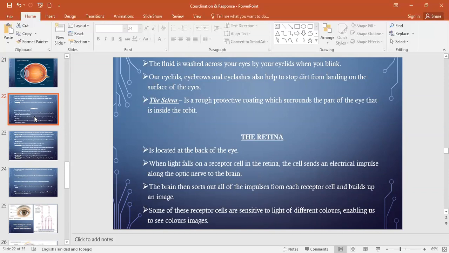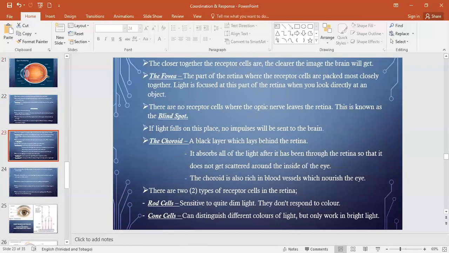And your rod cells are responsible for you being able to see at night. They don't respond to color, so you'll typically see in black and white, not in the vivid color that you would normally see in daylight.